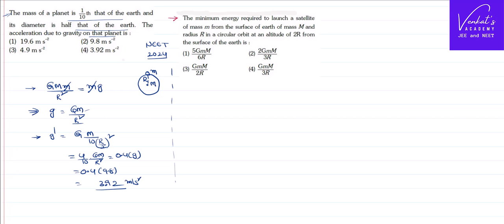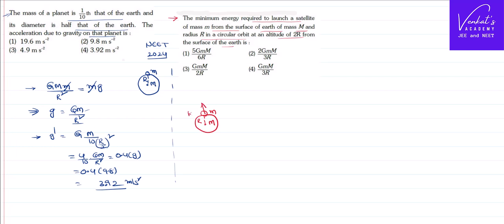The minimum energy required to launch a satellite of mass m from the surface of the Earth of mass capital M and radius capital R in a circular orbit of altitude 2R from the surface of the Earth is. He is saying that from the Earth of mass capital M and radius R, a satellite of mass m has to be launched.